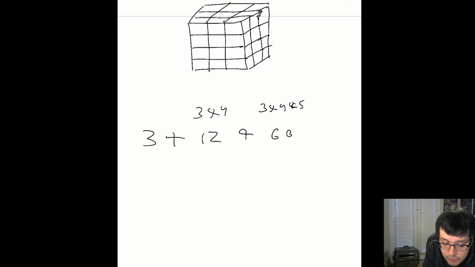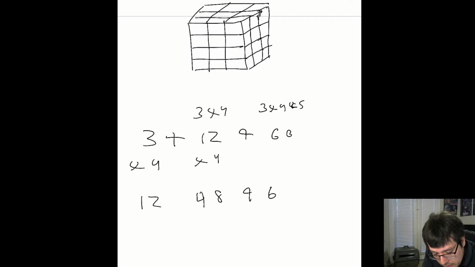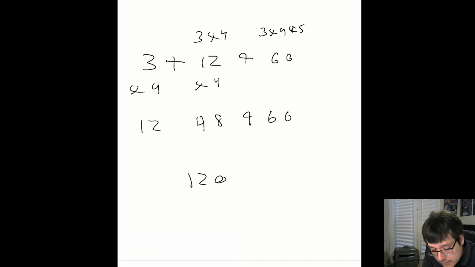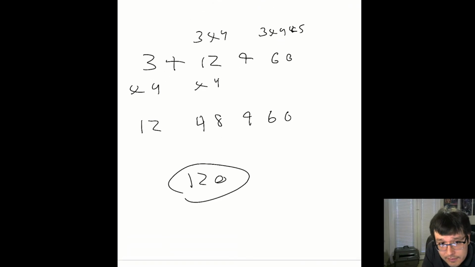These count for 4s, so we multiply them times 4, we get 48, plus 60. That gets me 120. However, we're getting 192 lost.